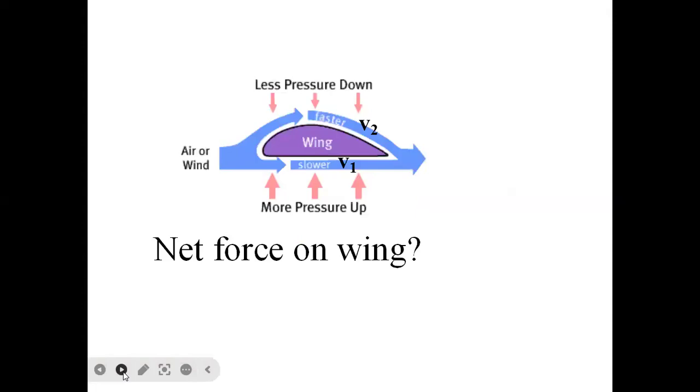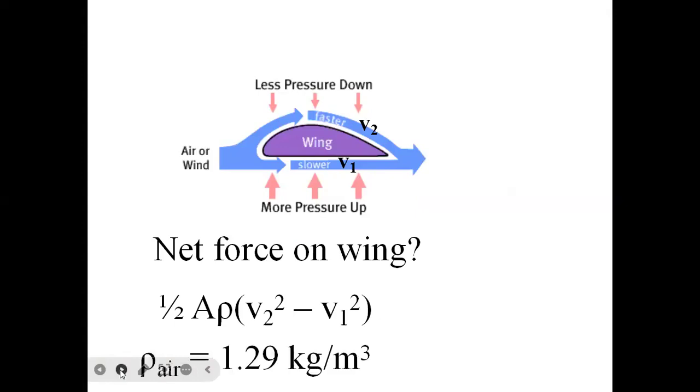So net force on wing will be like this: air or wind giving, and wings faster, more pressure up, so less pressure down. This is the application. So half rho (v2 squared minus v1 squared). The rho of air is 1.29 kg per meter cubed.